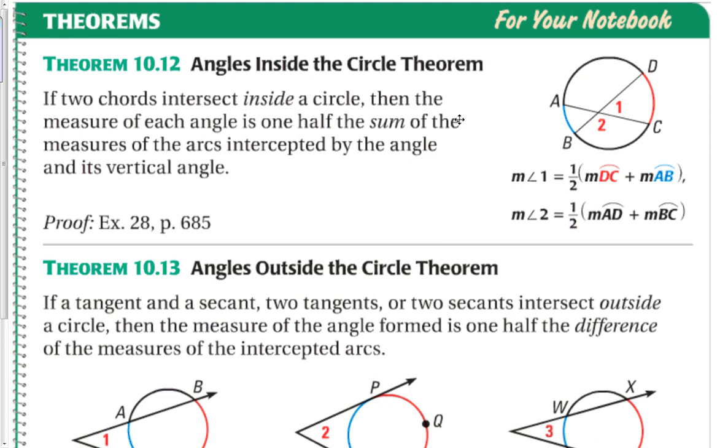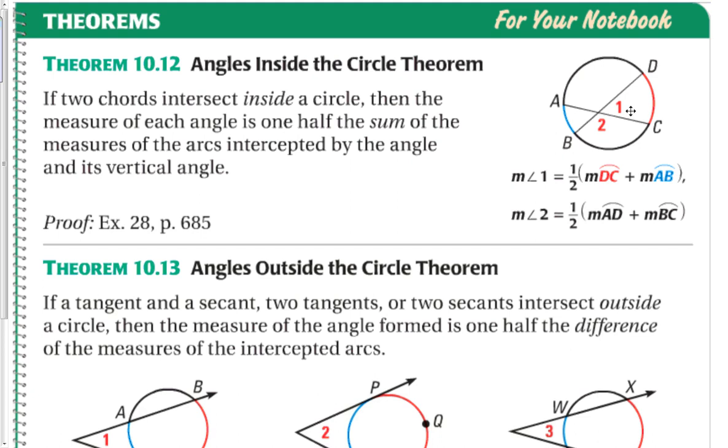Angles inside the circle, if we're not at the center, we don't have a center point here, so it's not angle equals arc; that's only at the center. Then, since it's off center, both of these are angle 1, so both arcs belong to angle 1. Vertical angles, this angle is also angle 1.